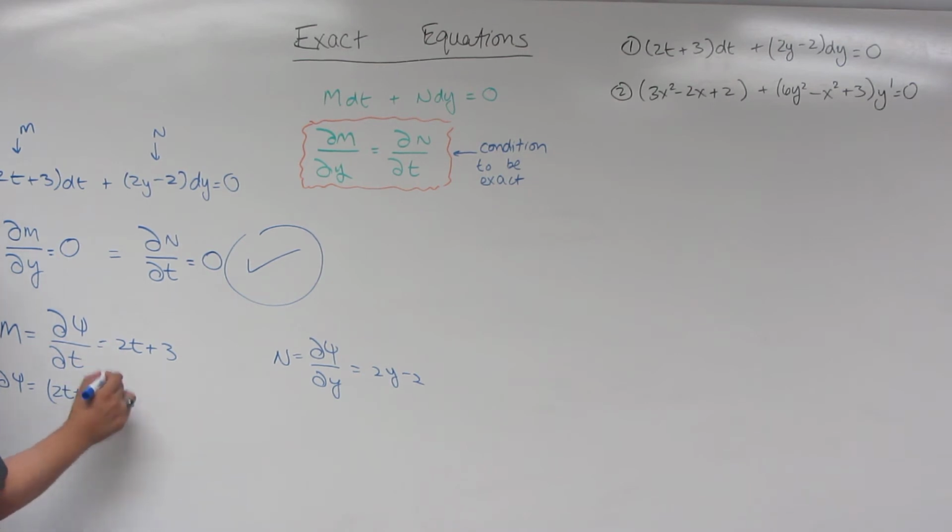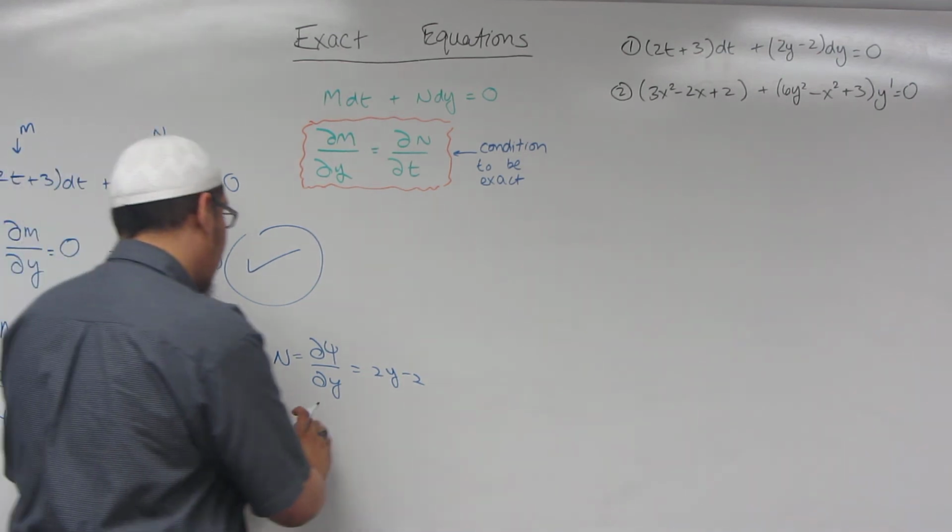To get rid of this differential piece, take the integral of both sides. We get psi is equal to 2t squared divided by 2 plus 3t. Now I'm just going to stop this for a second and come on to this side.